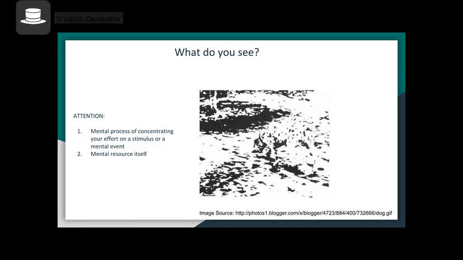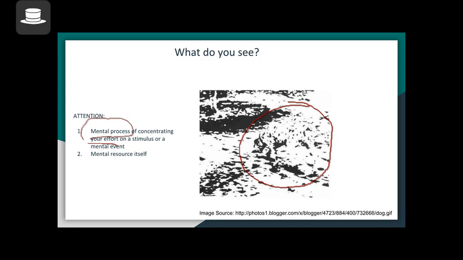Did you observe anything? Well, even if you did or did not observe anything, you are actually concentrating, spending your resources to make sense of these patterns of dots. That is attention. Attention is a mental process. It's a mental process of concentrating your effort on a stimulus or on a mental event.